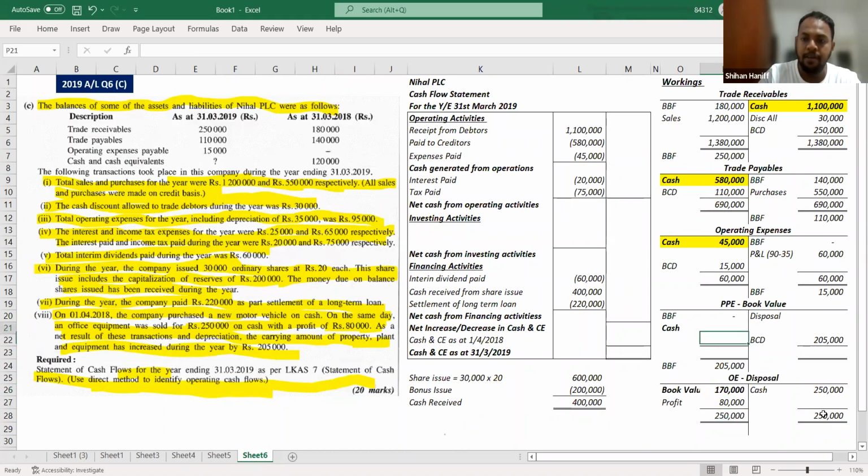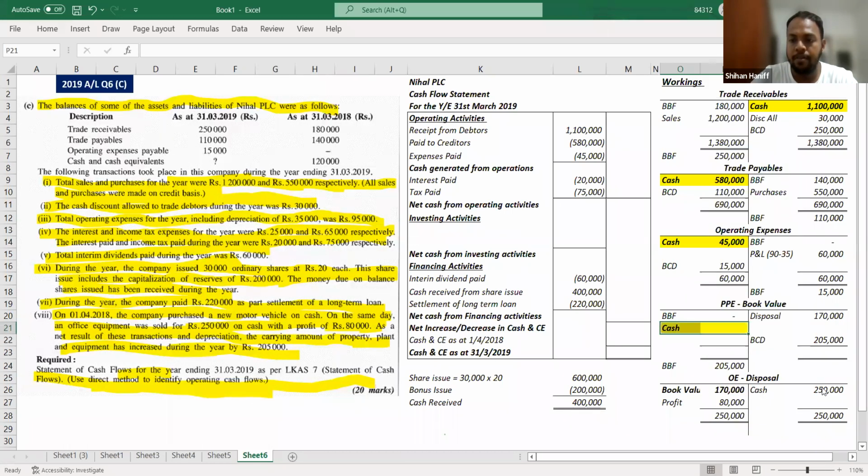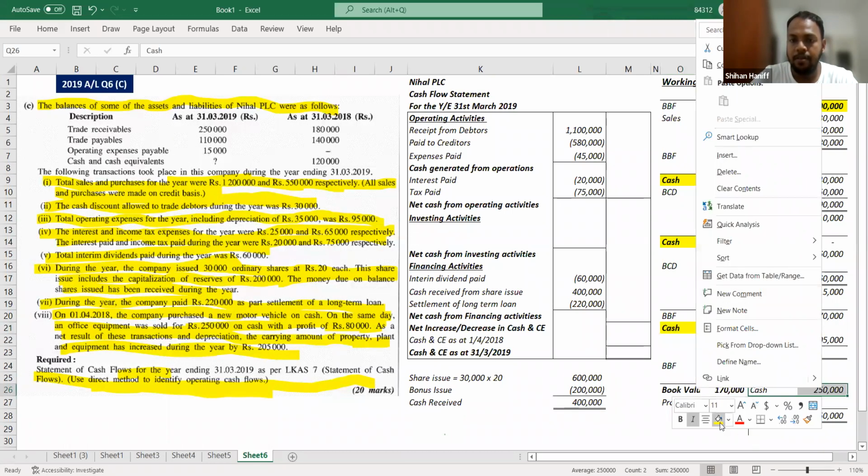So that is the book value of the office equipment disposed. That's the book value. Now you need to find out the purchase amount.